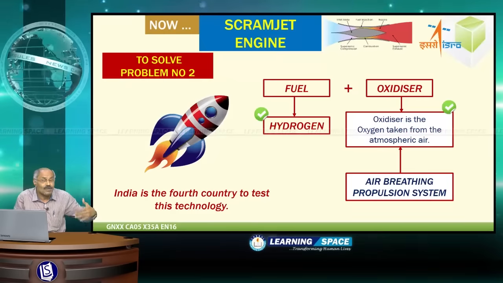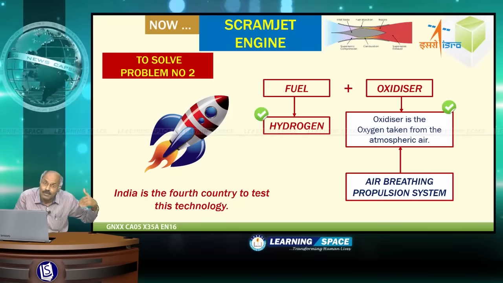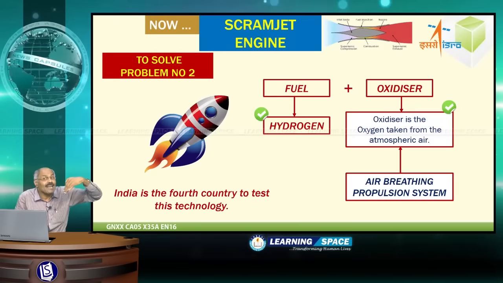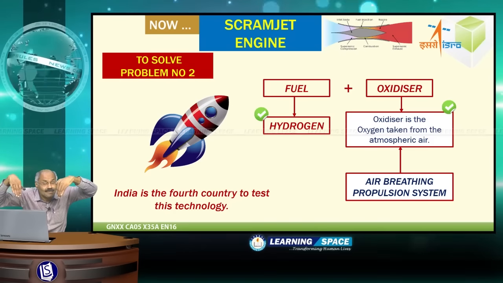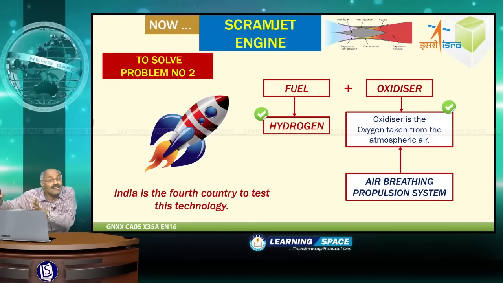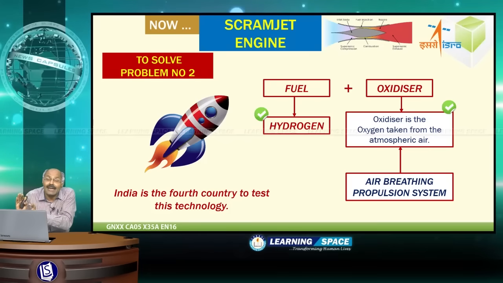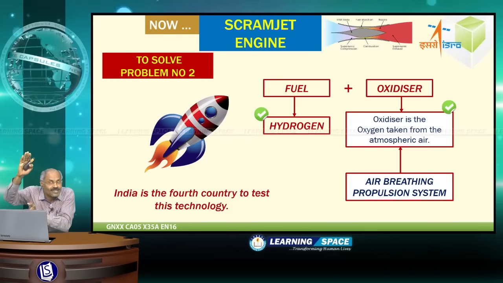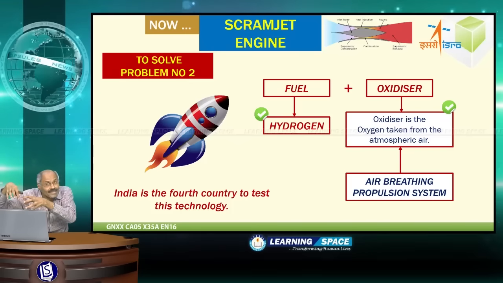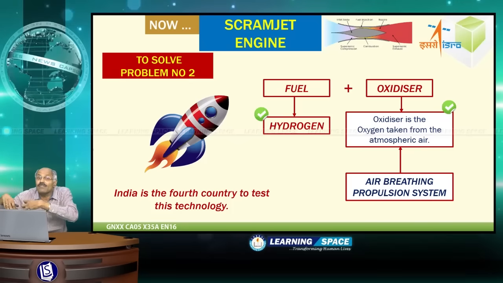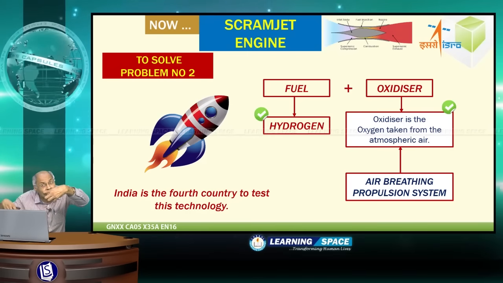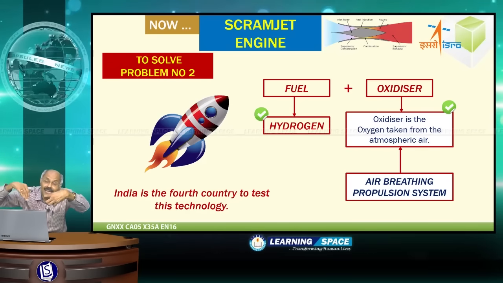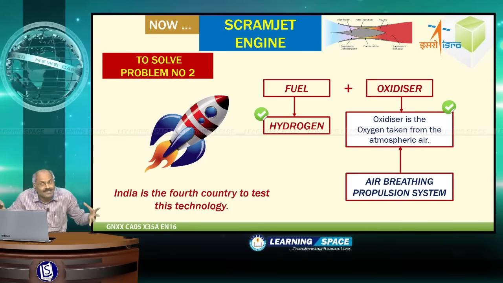As I have already told you, to solve problem number 2, the rocket should carry only fuel, and the oxidizer should be taken from the surrounding atmosphere during the atmospheric phase of the rocket. During the atmospheric phase, the rocket will take atmospheric air, and the oxygen available in atmospheric air will be used as oxidizer.